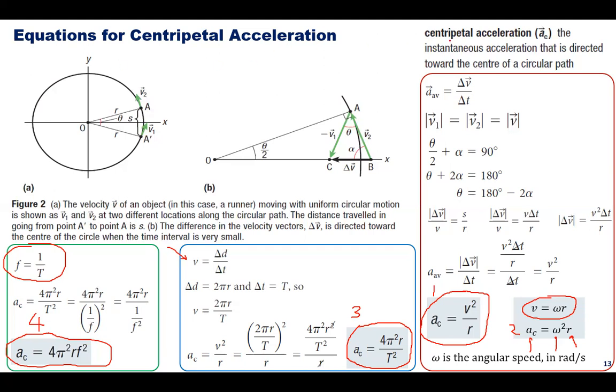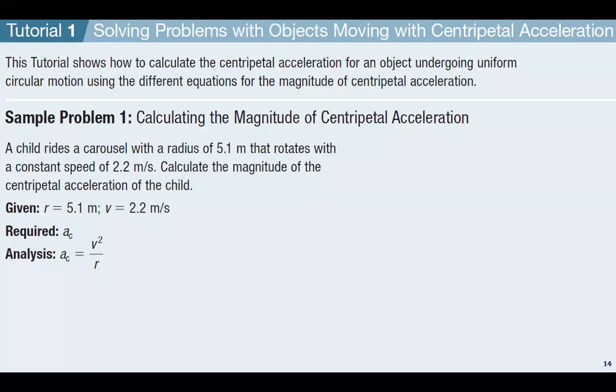Okay, now let's have a look at some sample problems to show how we can solve problems involving the centripetal acceleration. Okay, now let's consider tutorial 1 here. Sample problem 1 in this tutorial: calculating the magnitude of centripetal acceleration.